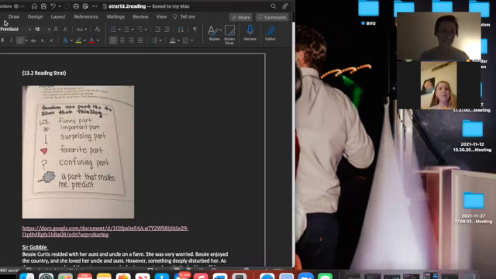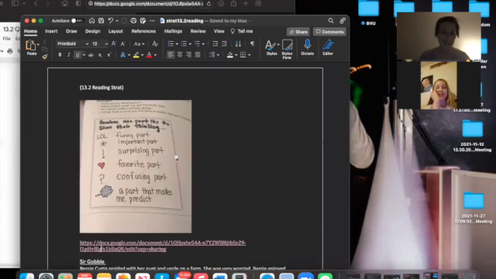Yeah. Okay, so these right here are the symbols that we are going to use. Usually you could use a pen or a highlighter, but since we're doing this all digitally, we're going to type it in on that Google Doc that I had sent you.